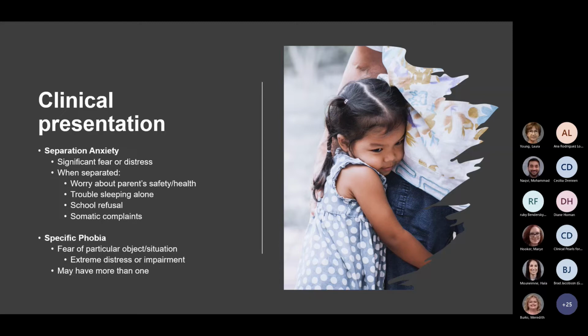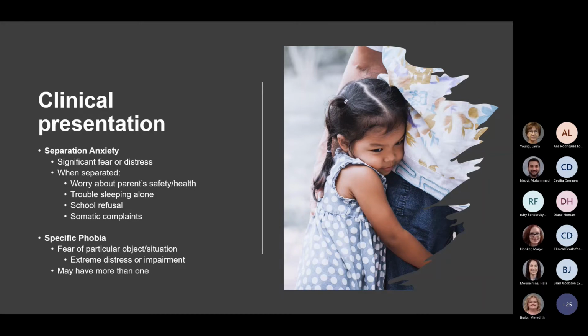And this will be developmentally inappropriate. So when kids are about 9 months old, separation anxiety is normal. Once you get past a year or so old, that should no longer be a major complaint. So if you have a 6-year-old who cannot leave their parent's side, that's developmentally inappropriate, and we need to engage them in treatment to address that.